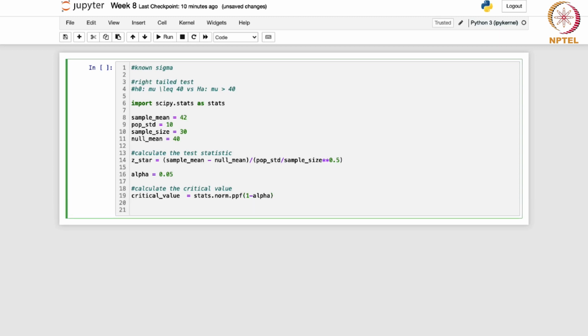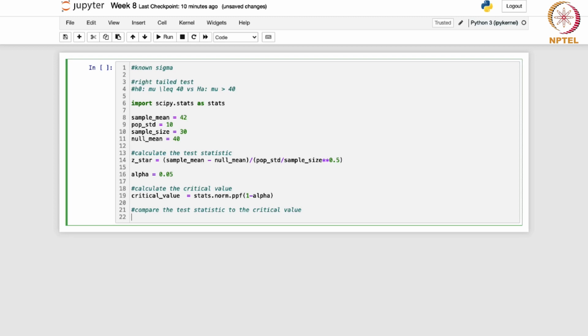Now you can compare the test statistic that you have calculated up here to the critical value.